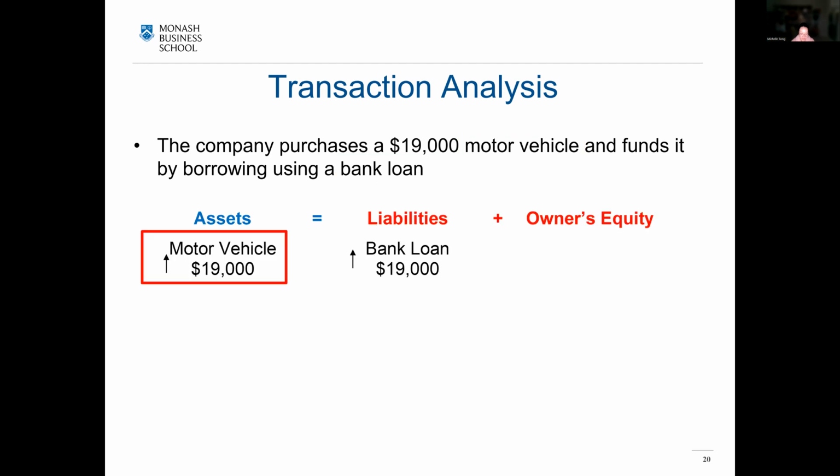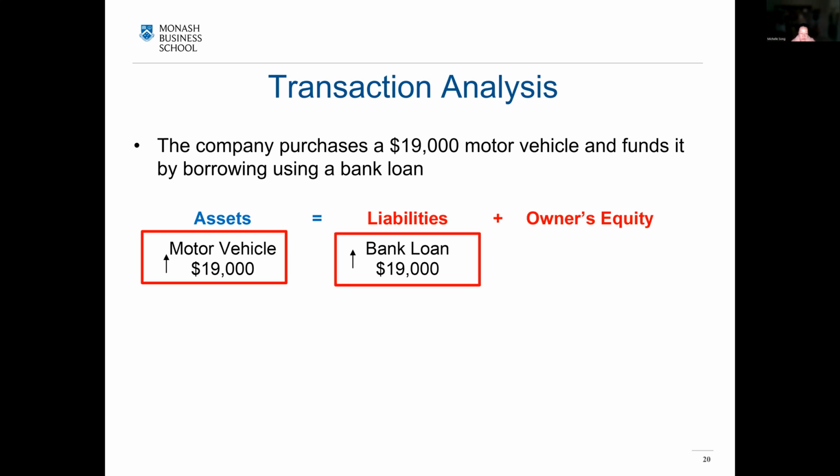Well, from the business perspective, there is an increase in motor vehicle because they have a purchase of motor vehicle. So they have one more motor vehicle within the business. The motor vehicle increases by 90. At the same time, their liability also goes up by 90.